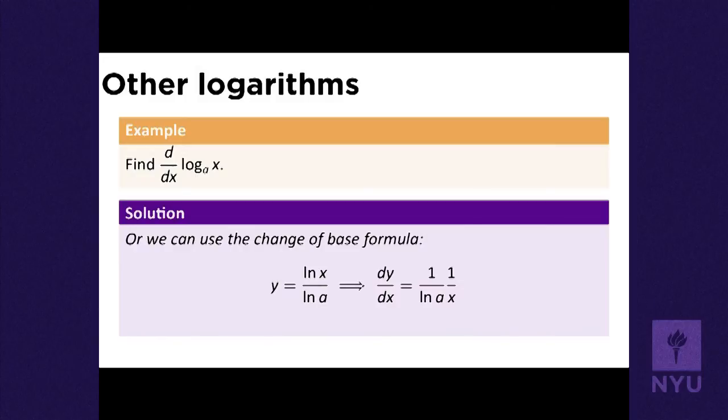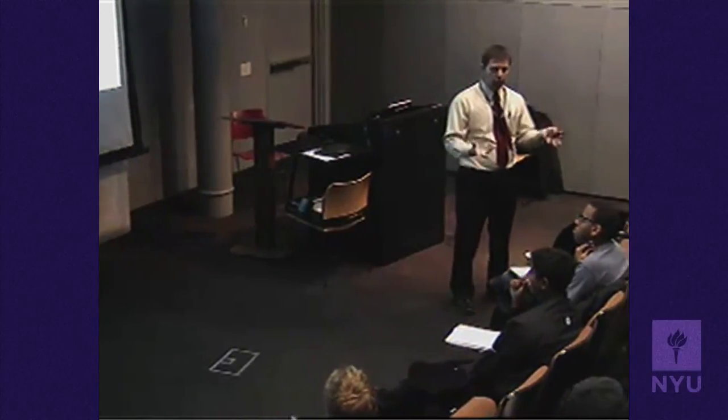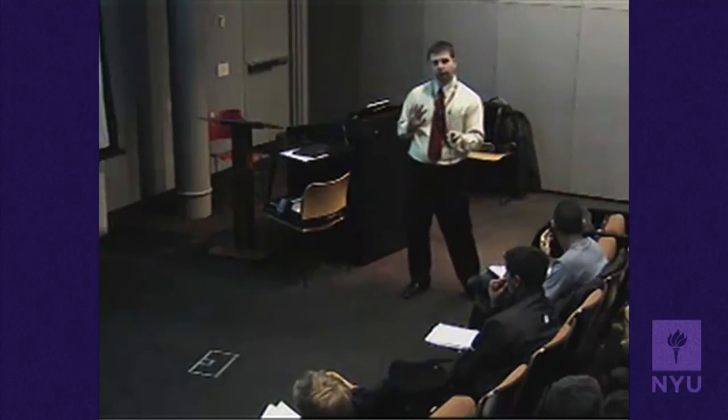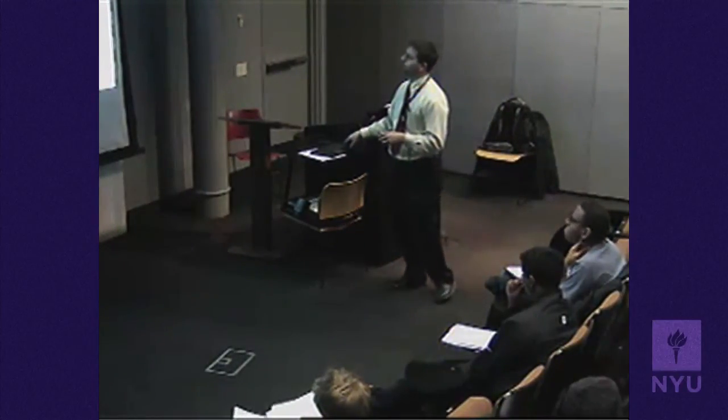So the derivative of this function is 1 over the natural log of a times the derivative of natural log of x, which of course is 1 over x. So we didn't really have to do a whole implicit differentiation thing, just use the change of base formula. So any way you want to remember these things is fine. You can memorize them, or you can memorize the differentiation process. They're all very similar.